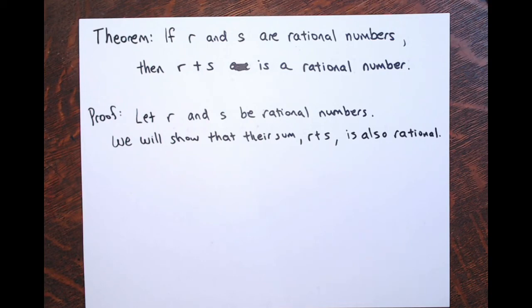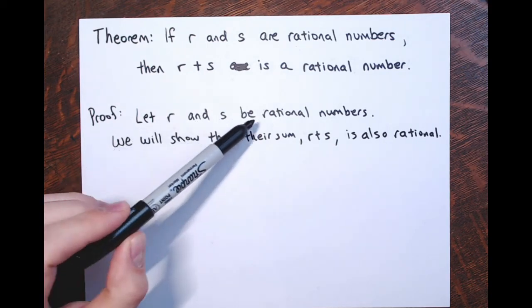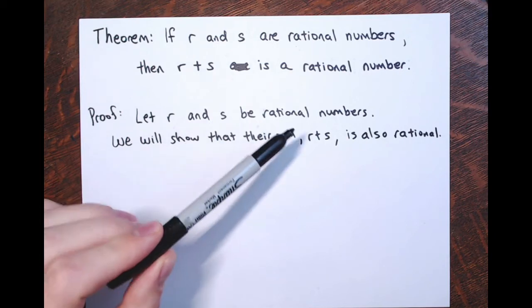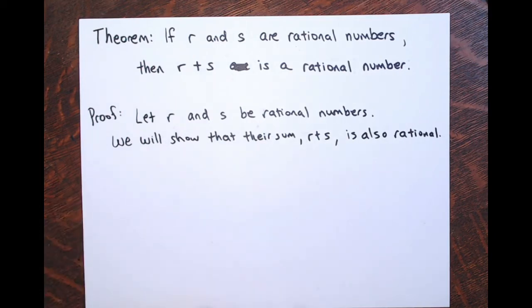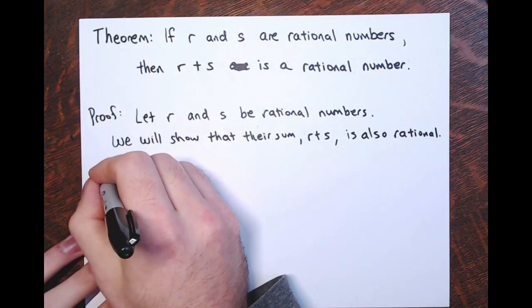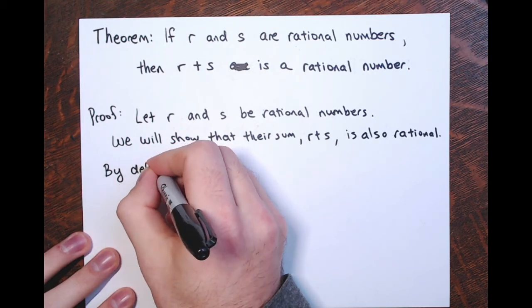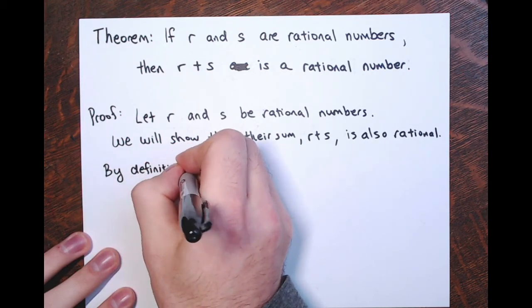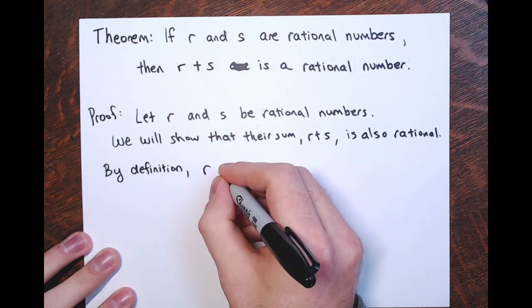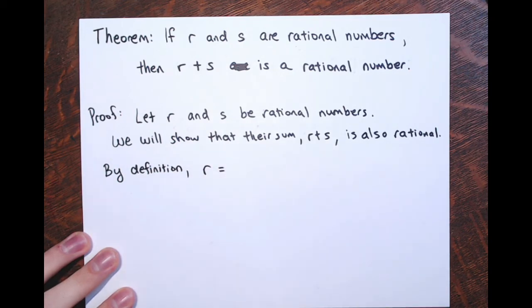All right, and then using my assumptions from the hypothesis, that R and S are rational. What does that mean? What does it mean for R and S to be rational? So this is going back to section 2.1. By the definition of a rational number, R must be equal to, say, again, the ratio of two integers where the denominator is not 0.